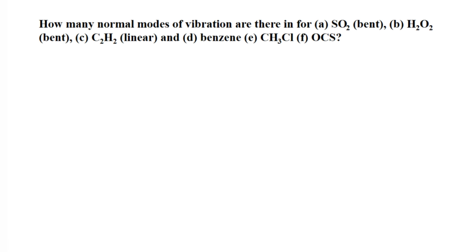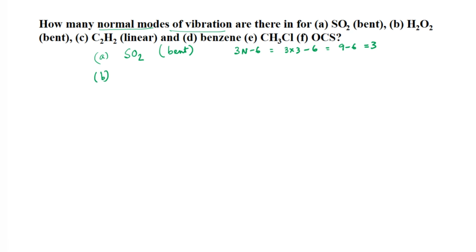So, the question says how many normal modes of vibration are there for these different molecules. So, let us start with one. The first one is SO2. SO2, as given in the question, is a bent molecule. So, the number of normal modes will be 3n minus 6. So, that is 3 times 3 minus 6 equals 9 minus 6 equals 3.